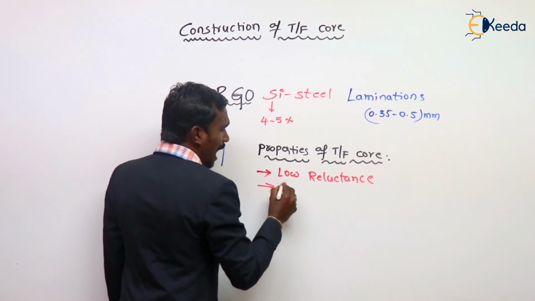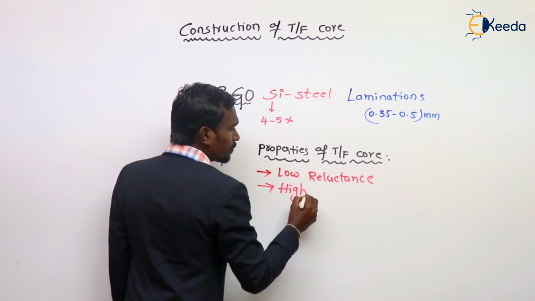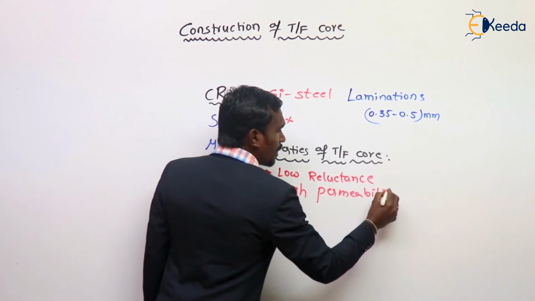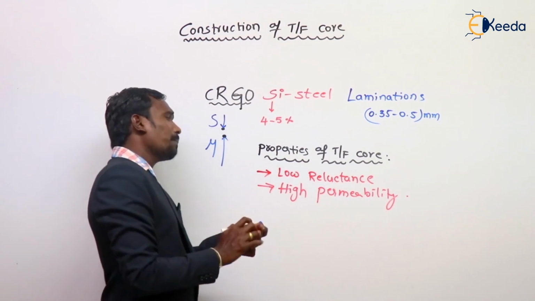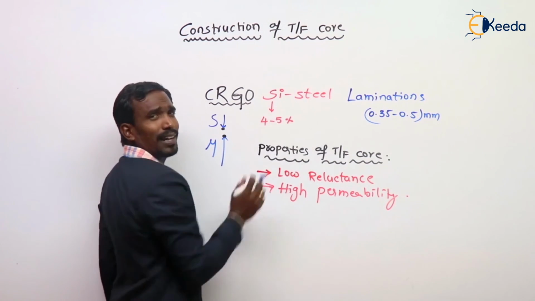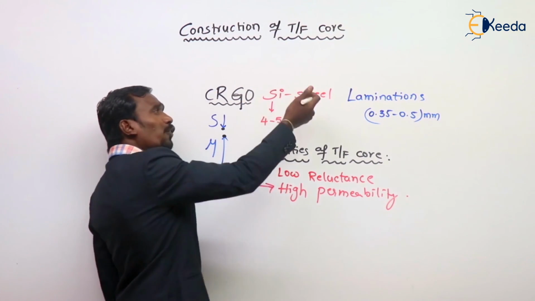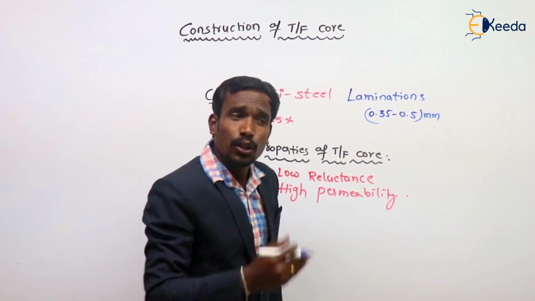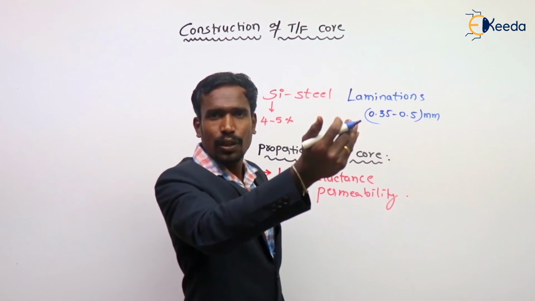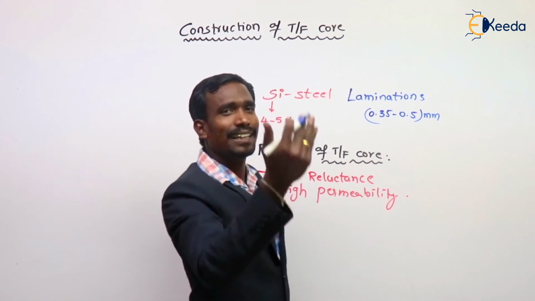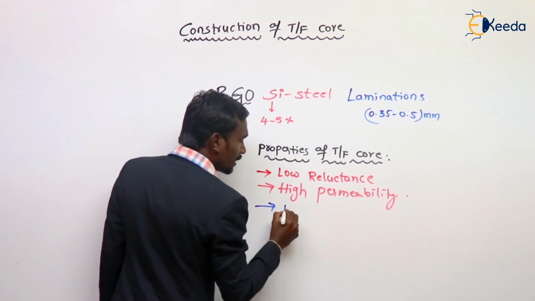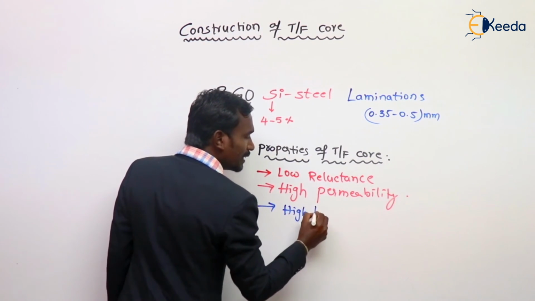Second one, high permeability. And third one: why are we adding 4 to 5% of silicon? To increase the resistance. If resistance increases, eddy currents reduce, eddy current losses reduce, right? So the third one is high resistivity.